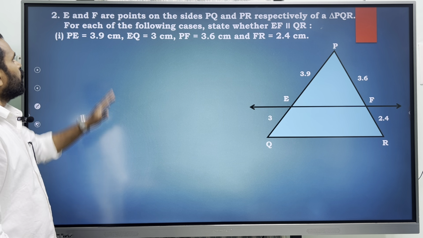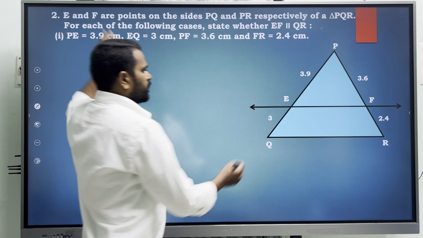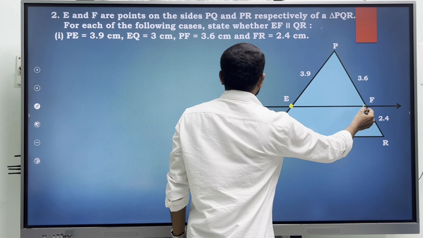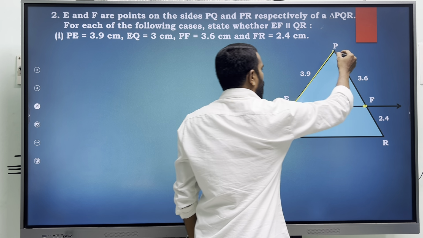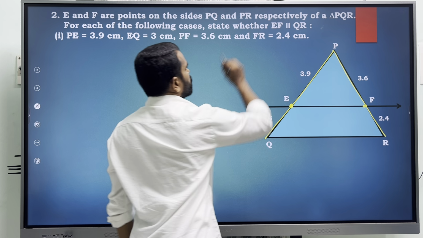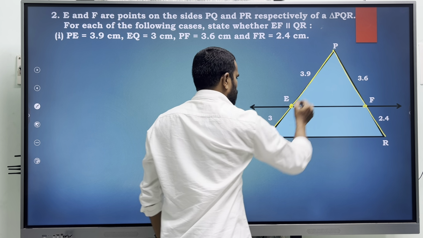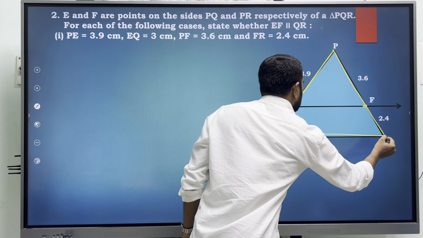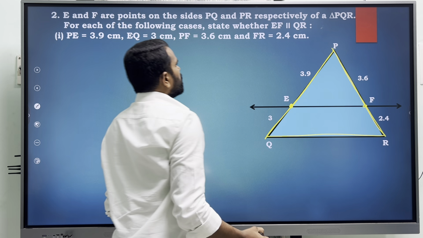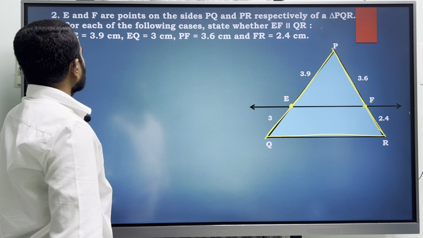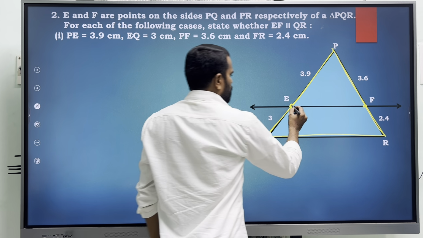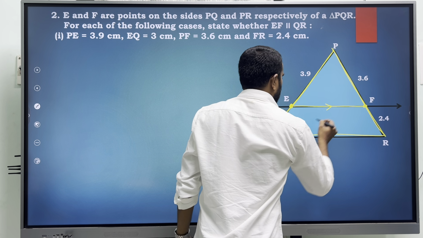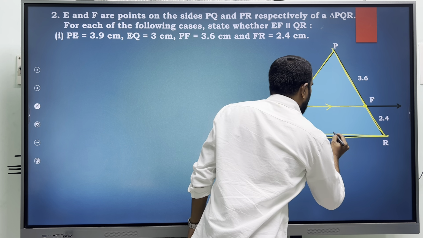Next, see here, E and F. E and F are points on the sides PQ and PR respectively of a triangle PQR. For each of the following cases, state whether EF is parallel to QR or not.